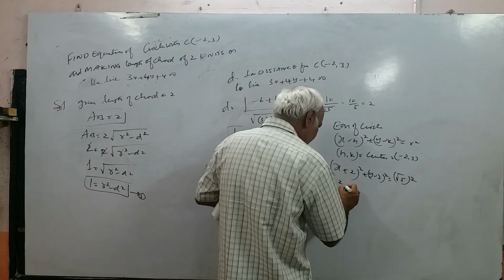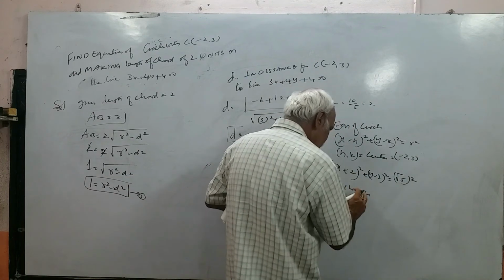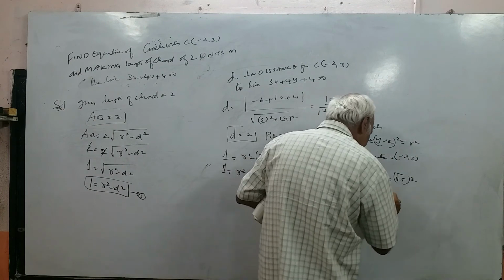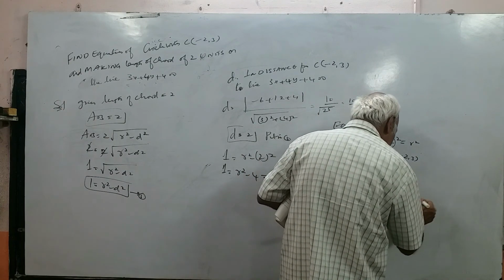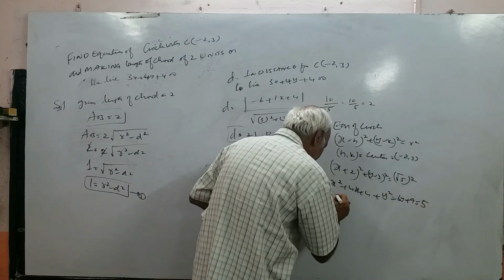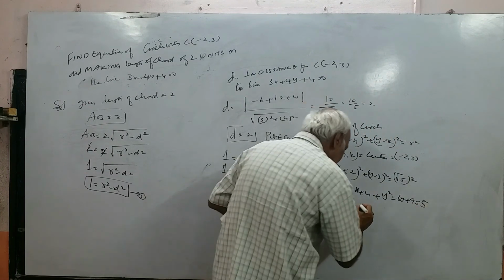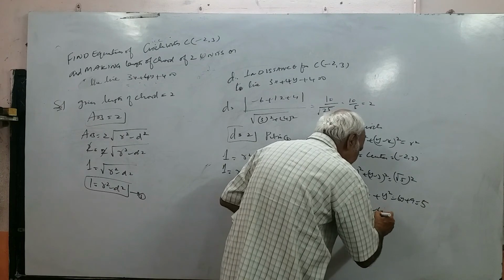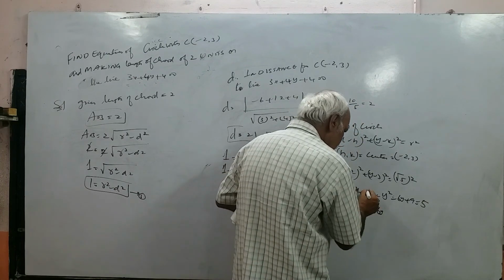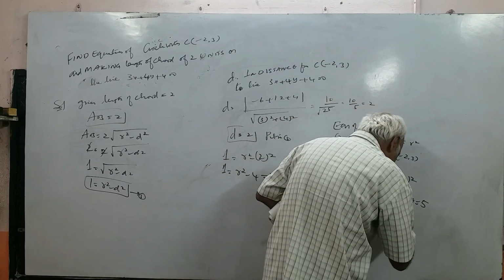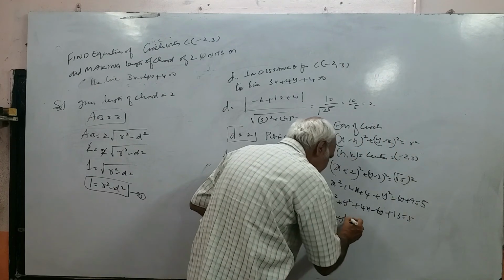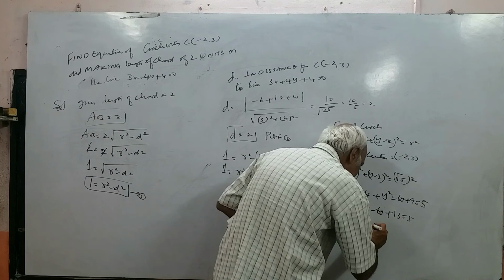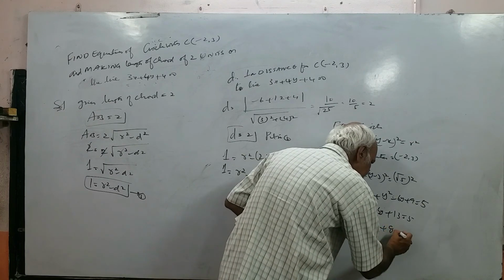So expand this: x square plus 4x plus 4 plus y square minus 6y plus 9 is equal to 5. So x square plus y square plus 4x minus 6y, 4 plus 9 is 13, is equal to 5. So x square plus y square plus 4x minus 6y plus 8 is equal to 0.